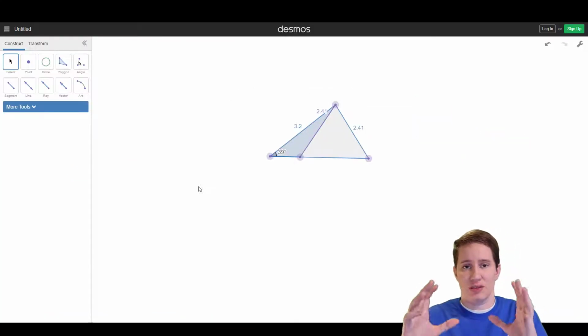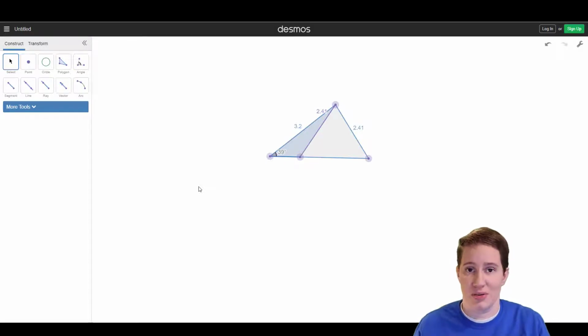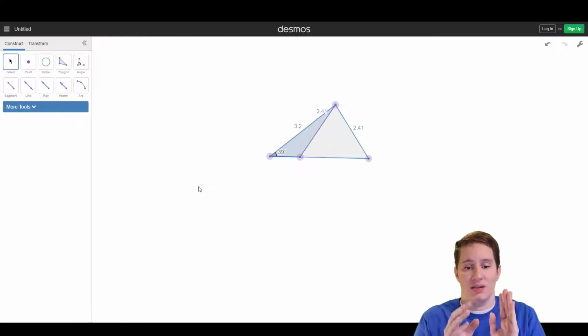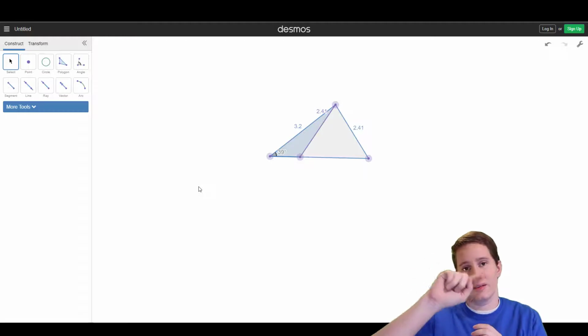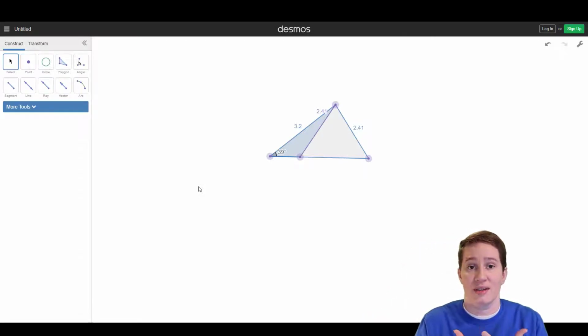So here I have, depending on how you look at it, 2 or 3 triangles, right? So imagine that we just have the blue triangle. We know that we have an angle 39 degrees. We know that we have side 3.2, and then the side that's coming through the middle of our big triangle, that side is 2.41.